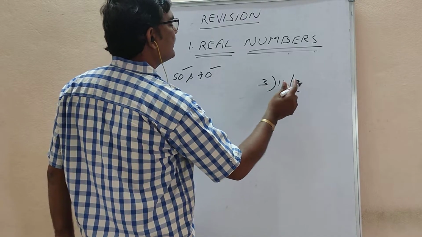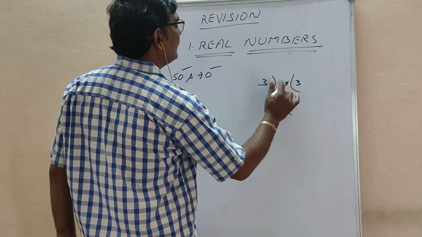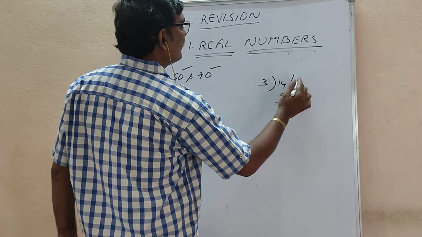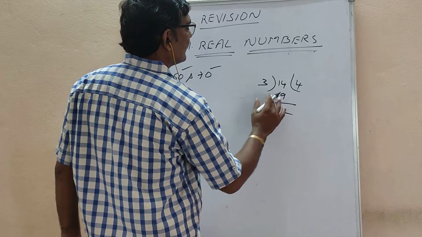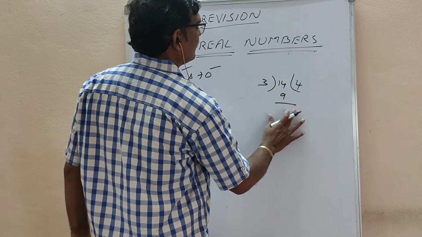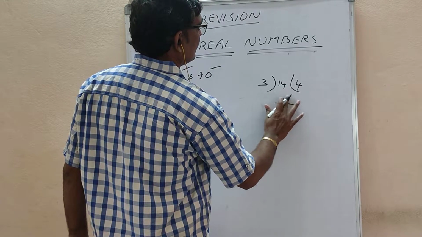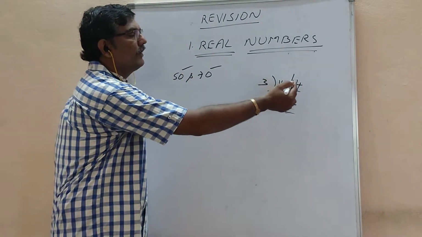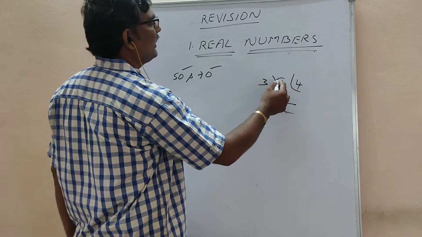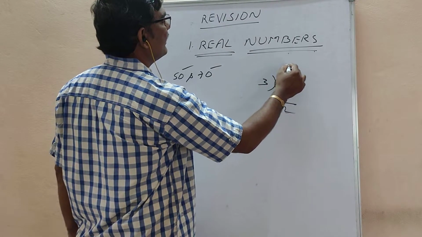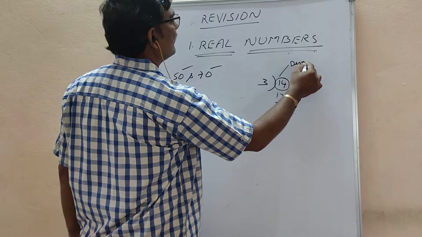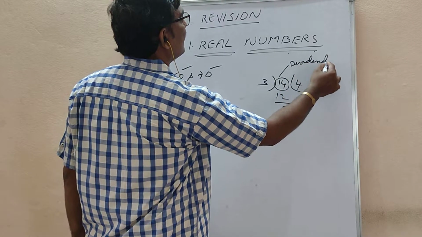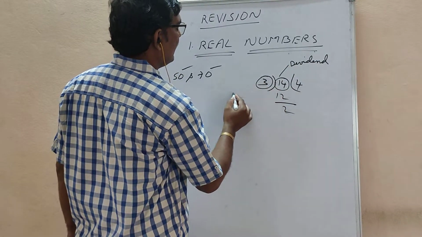you are getting same numbers here. We'll see some different numbers. So here different numbers you got. This 14 is called a dividend, and this 3 is called a divisor.